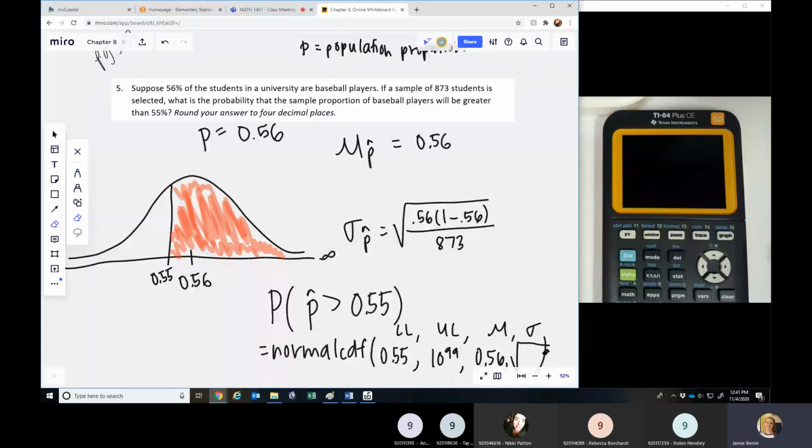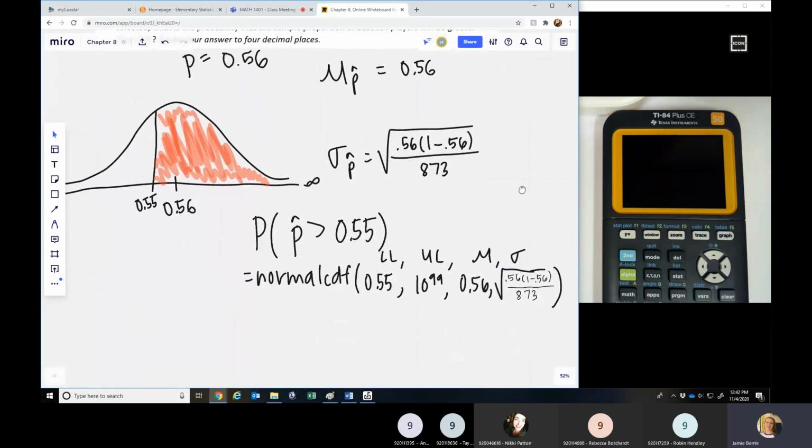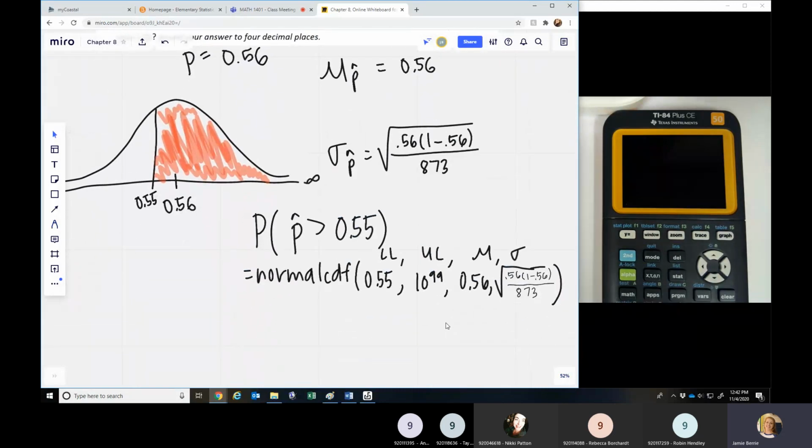I'm going to have to erase that little piece so I don't run out of room. I'm going to show you how I'm going to plug this in the calculator. I'll go slow. 0.56 times 1 minus 0.56 over 873. I was playing around with this last night to see if there was an easier way to plug this in the calculator than how I normally do it.